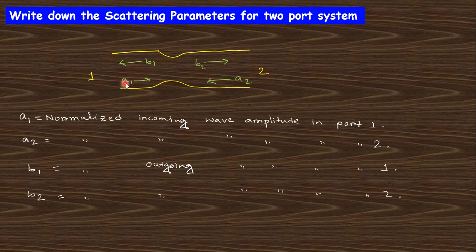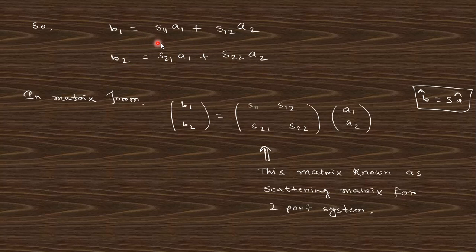That's why S11 means coming from 1 and S12 means coming from 2. So B1 can be written as S11 A1 plus S12 A2. Similarly, B2 can be written with S21 coming from 1 to 2 and S22 coming from 2 to 2.